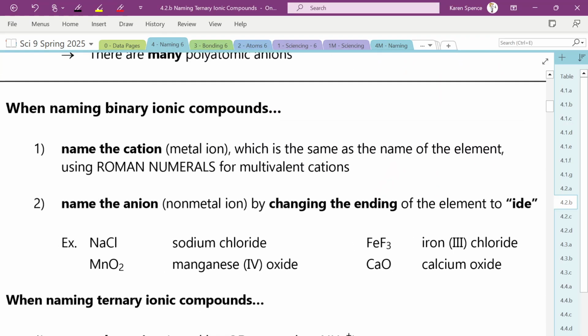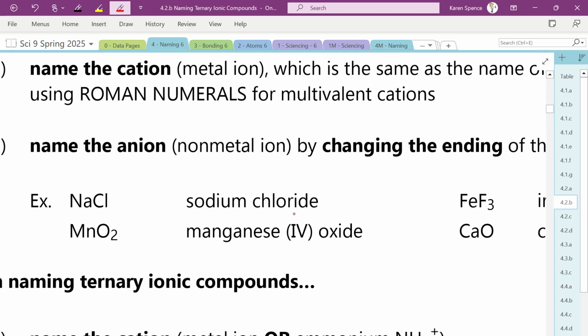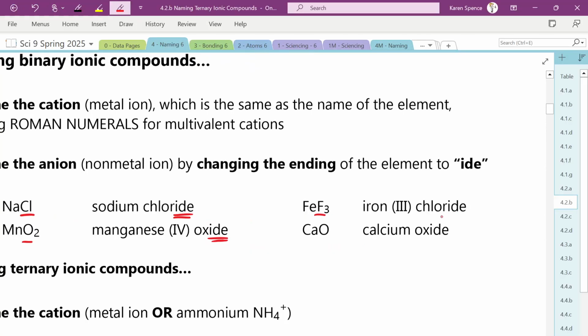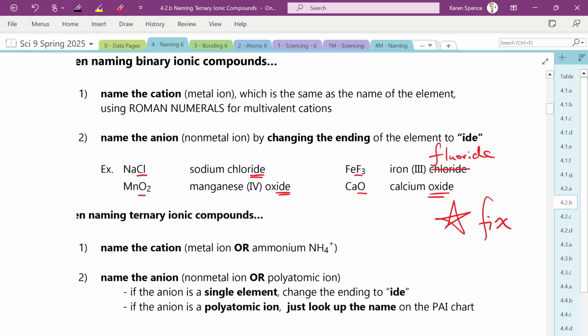When you are naming binary ionic compounds, we change the endings to "ide," right? Chlorine becomes chloride, oxygen becomes oxide, fluorine becomes, that should say fluoride. Fix. And oxygen becomes oxide, okay?